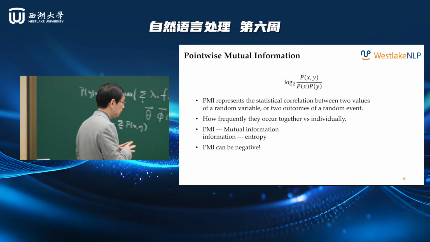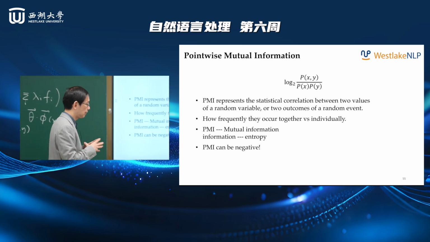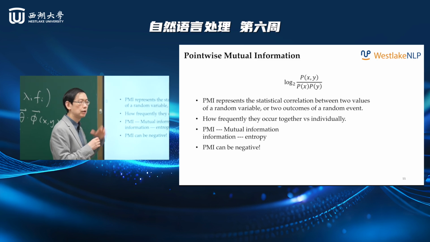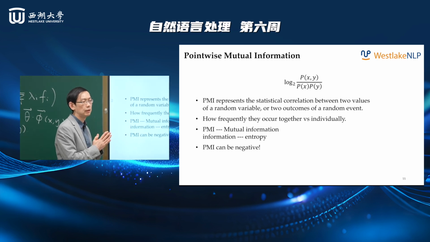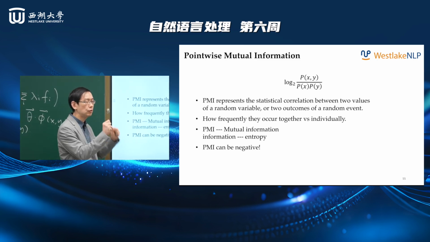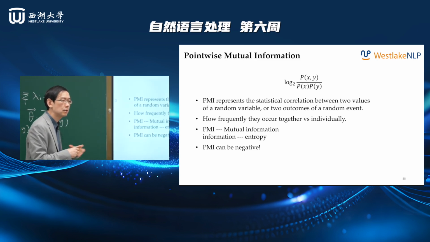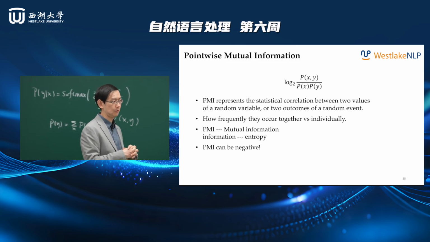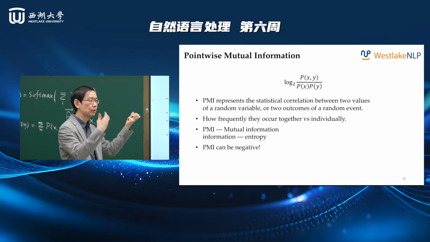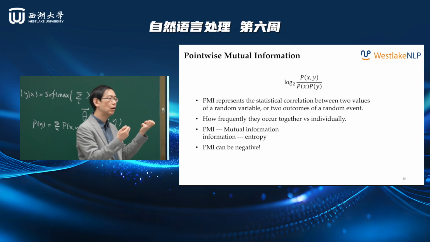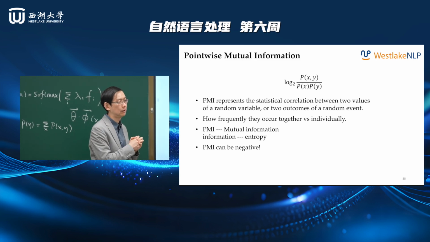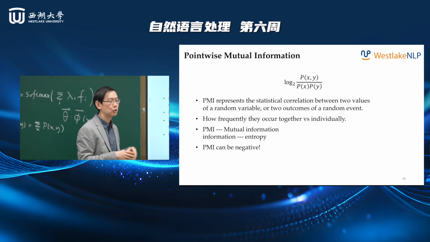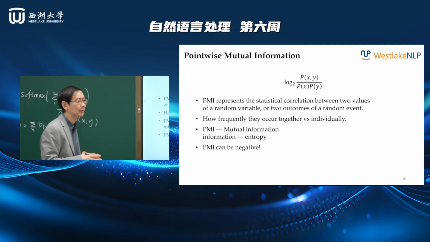How do we intuitively understand pointwise mutual information? So the numerator is the joint probability, right? So this pointwise mutual information is about random variable values, okay? When two values of two random variables always co-occur, the joint probability is high, okay?